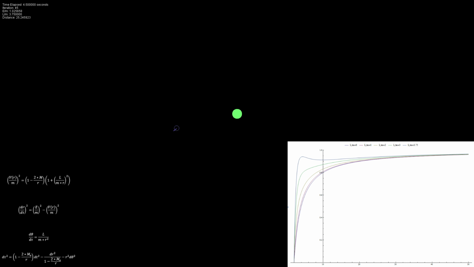The one below that is the equation that will tell you how your distance from the black hole is changing with respect to your time, and that involves both the ratio E over m, which is your energy ratio, and the effective potential. The equation below that tells you how your angle changes as you get closer and closer to the black hole, and we usually set it as a theta of 0 along the positive x-axis.